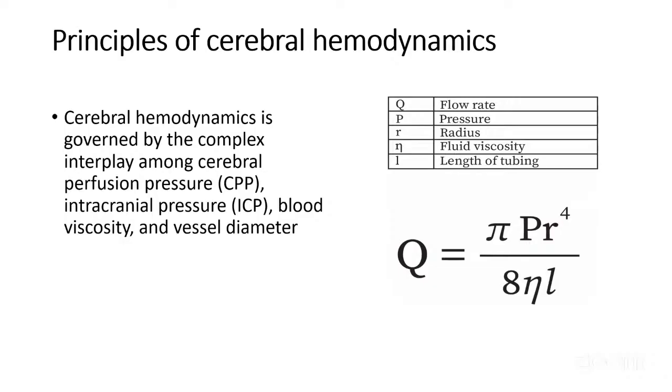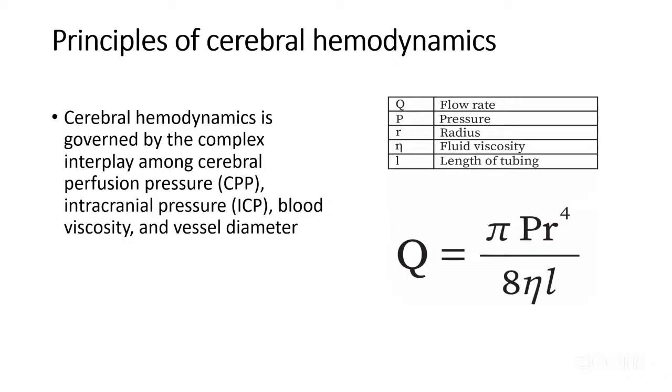Flow Q is equal to pressure divided by resistance. From Poiseuille's equation, we know resistance is equal to 8 eta L by pi r to the fourth. That is, resistance depends on fluid viscosity, length of the tube, diameter of the tube, and so on.